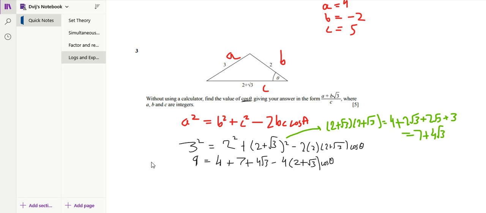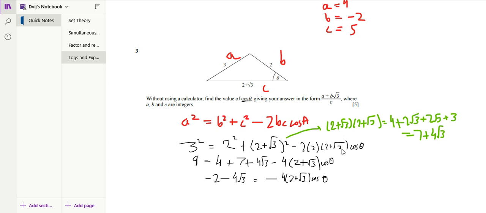If we just bring all these constants over to this side, then we get 4 plus 7 is 11, 9 minus 11 is negative 2, so minus 2 minus 4 root 3 is equal to minus 4 times 2 plus root 3 cosine theta.